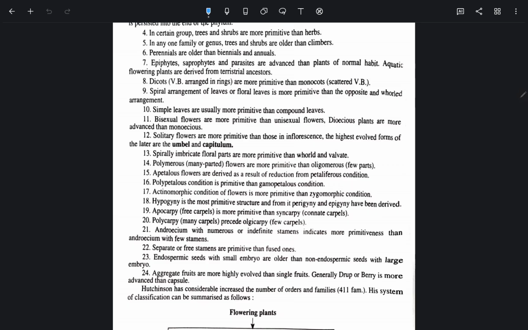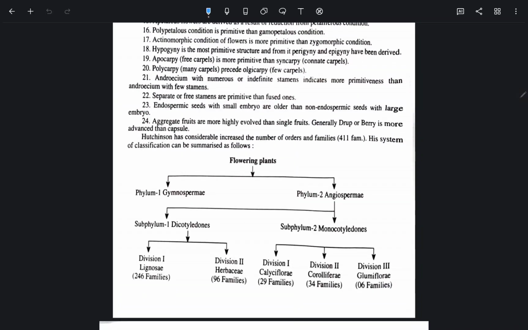Endospermic seeds with small embryo are older than non-endospermic seeds with large embryo. Aggregate fruits are more highly evolved than single fruits. Generally, drupe or berry is more advanced than capsule. His system has considerably increased the number of orders and families.